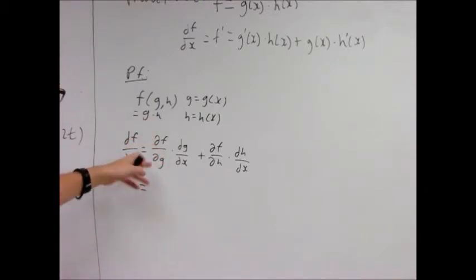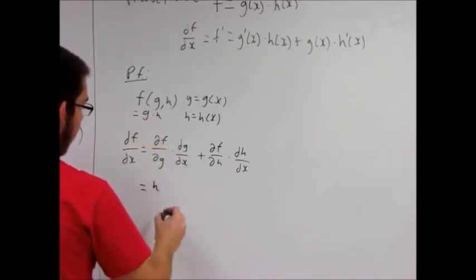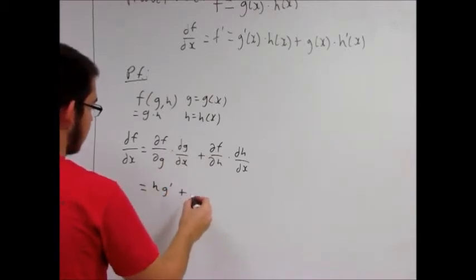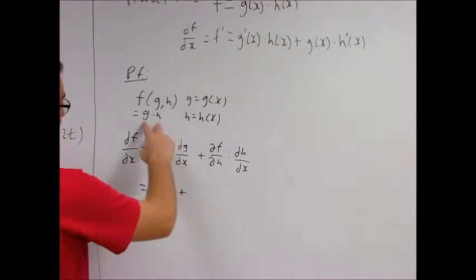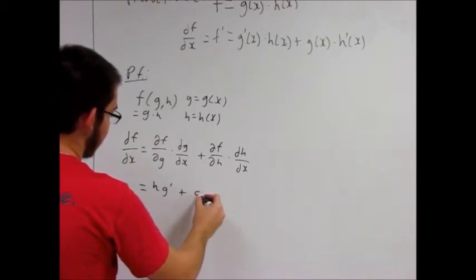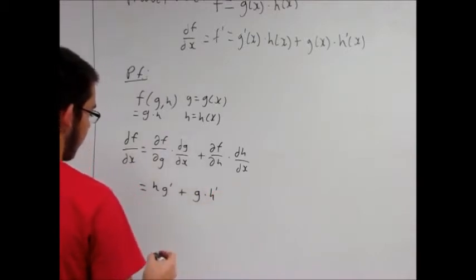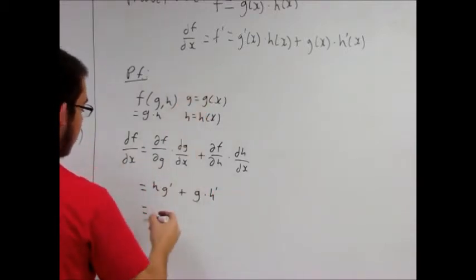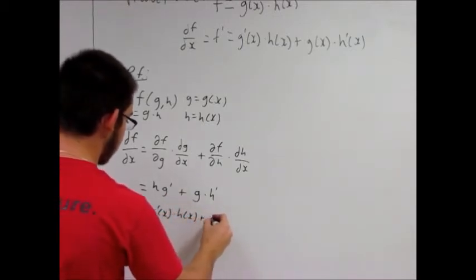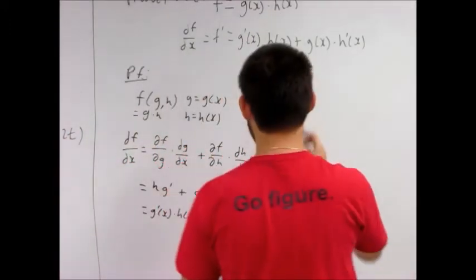So the partial derivative of f with respect to g, well, h is a constant, so the derivative with respect to g is just h, and the derivative of g with respect to x is g prime, plus partial derivative of f with respect to h, well, since g is a constant, it's just going to be a constant, times the derivative of h with respect to x, h prime, or you rearrange these as g prime of x times h of x plus g of x times h prime of x, which is what we're trying to find.